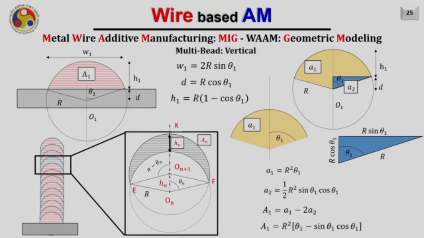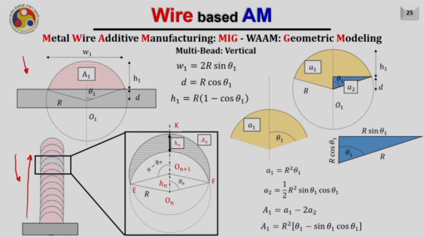Before that, let us find out some of the geometric parameters in terms of the known parameters. What you are seeing here is the deposition of the first bead on the flat surface, while here is the deposition of multiple beads one over another.